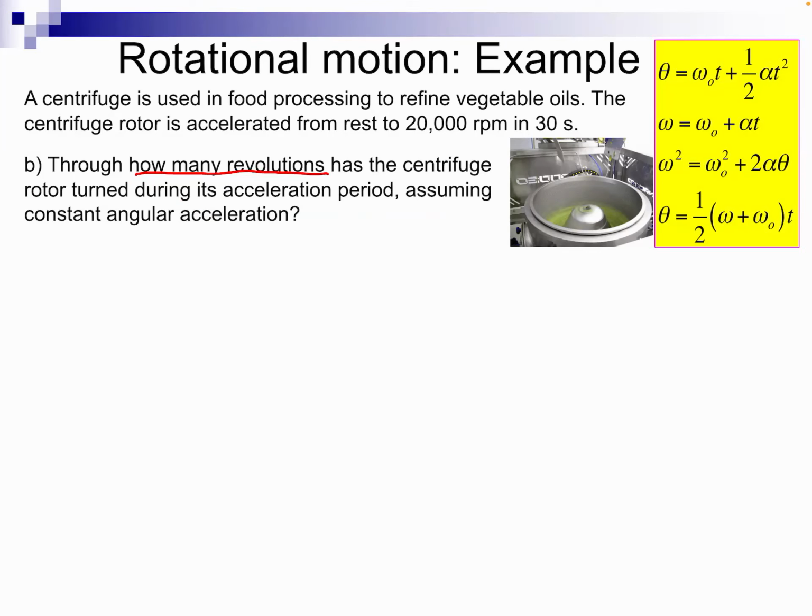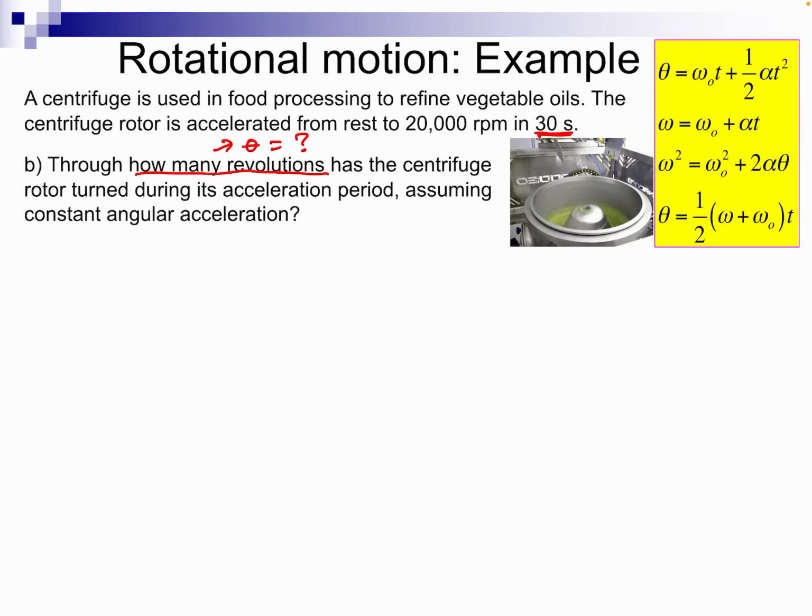So the acceleration period, the angular acceleration we've calculated previously, was over a time interval of 30 seconds. And how many revolutions? This means theta, essentially the angular displacement, or how many revolutions did you have?